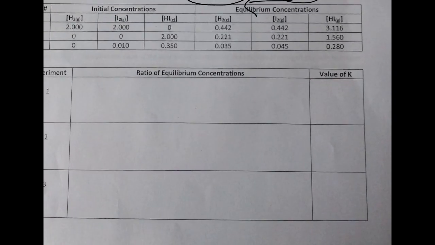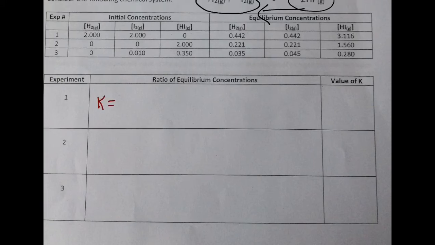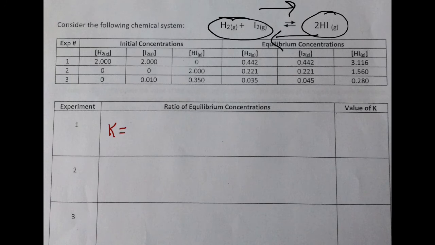So let's calculate the equilibrium constant K for this chemical system, and you're going to need the balanced chemical equation to be able to write this. It's our ratio of our product. In this case, we only have one product. State is going to be important. Don't leave that out.